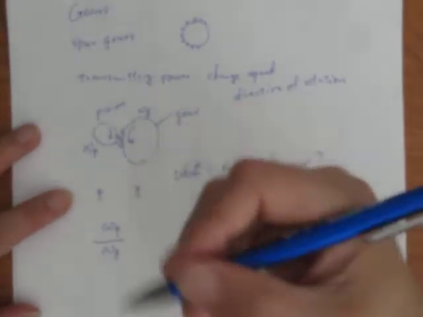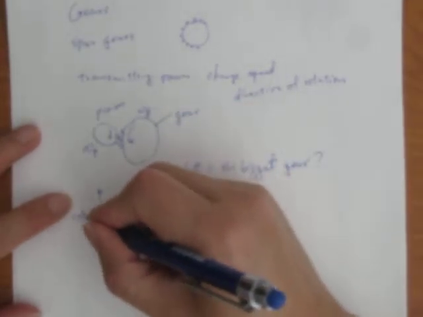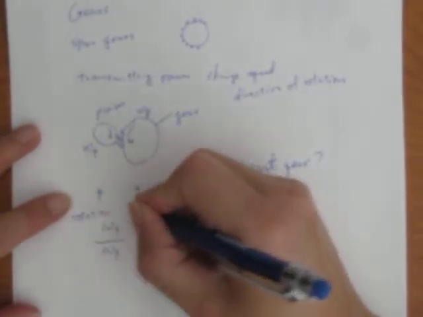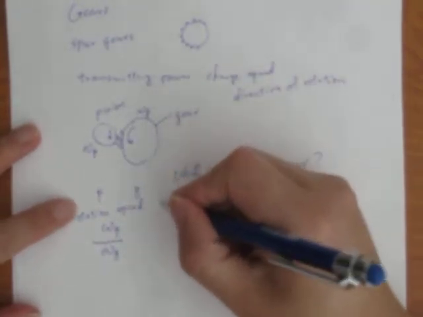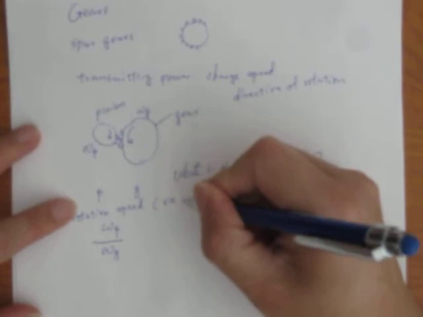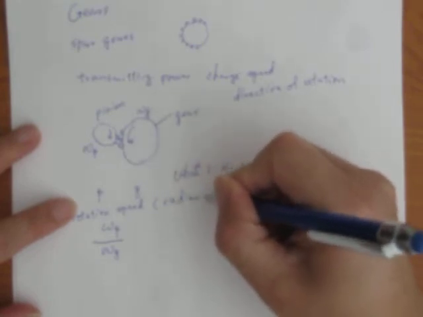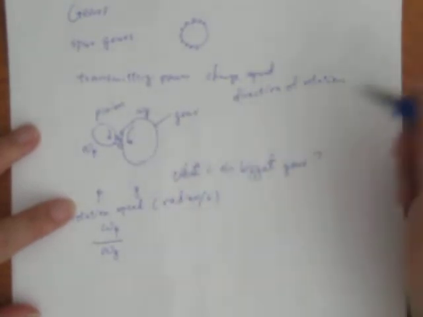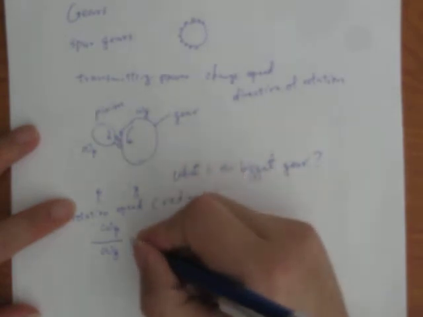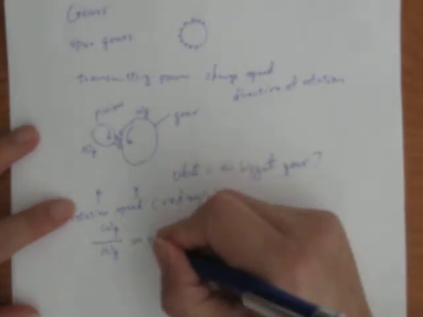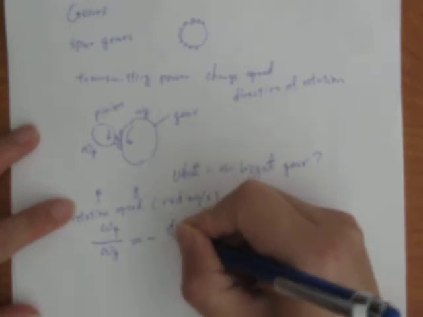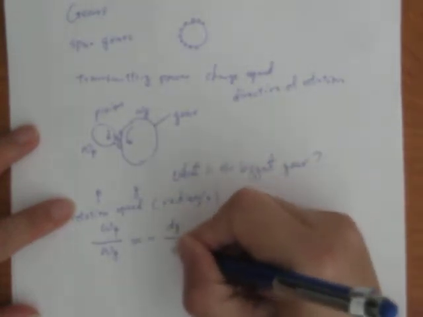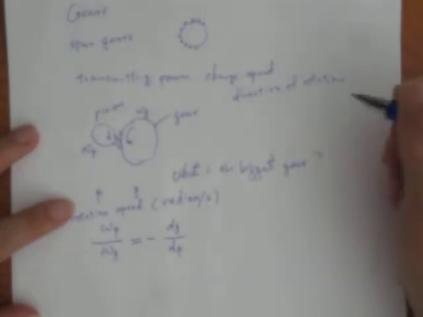Omega means rotation speed, normally in radians per second. And this is proportional to the diameter dg, in reverse proportion to dp.